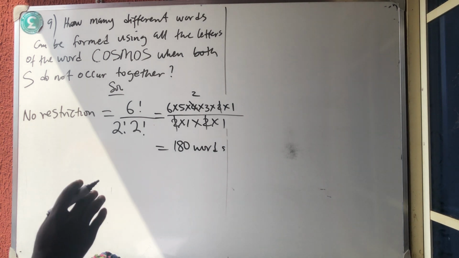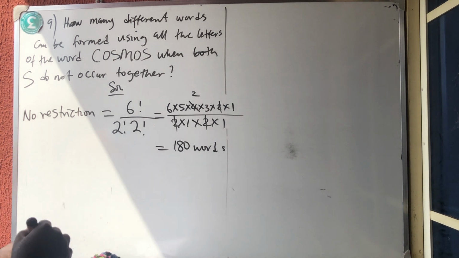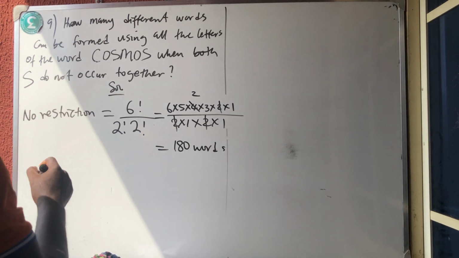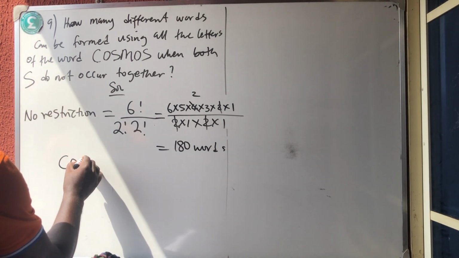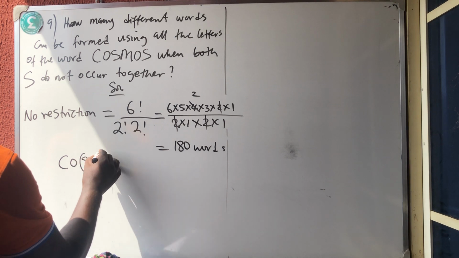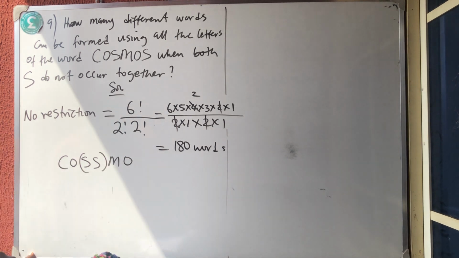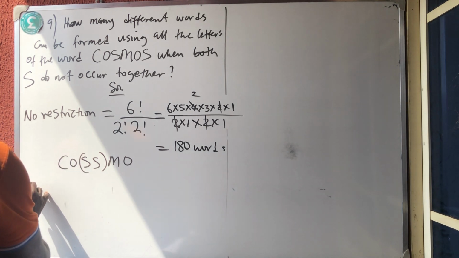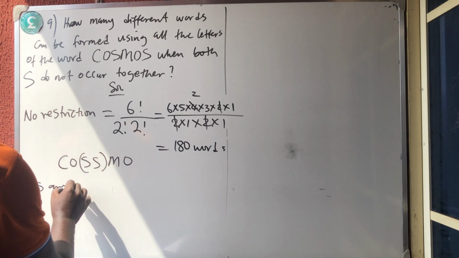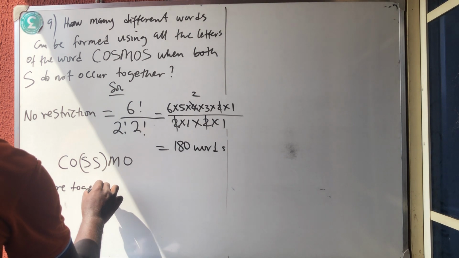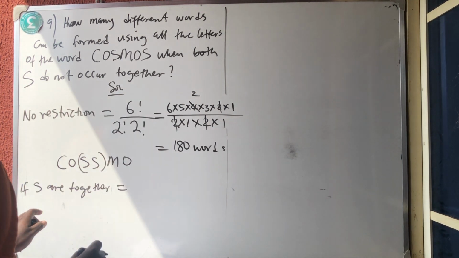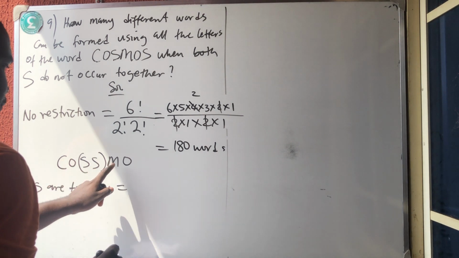180 words without restriction. Now we cannot get when they are separated directly, but we can get when they are together. So if we have cosmos like this, with the S being together, being together means they are now 1. So I'm having 1, 2, 3, 4, 5.